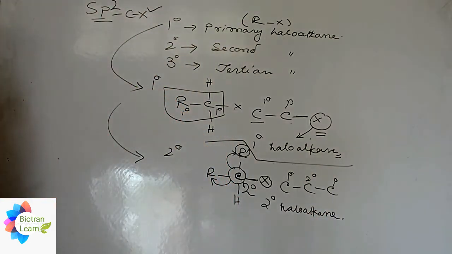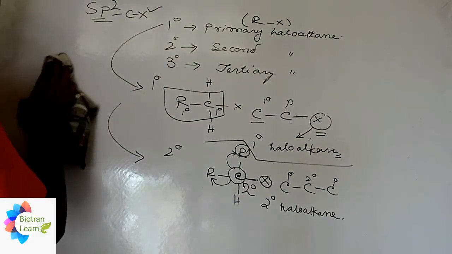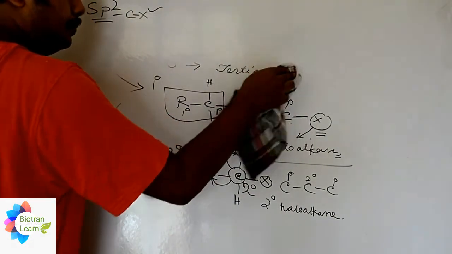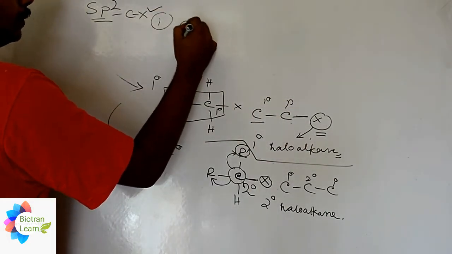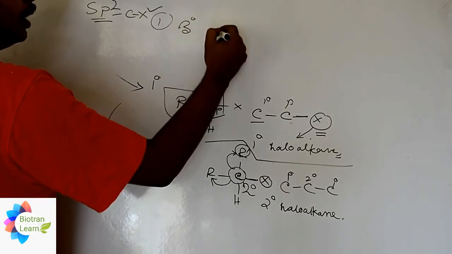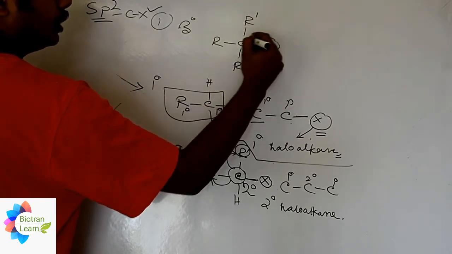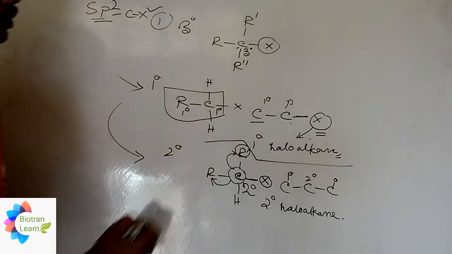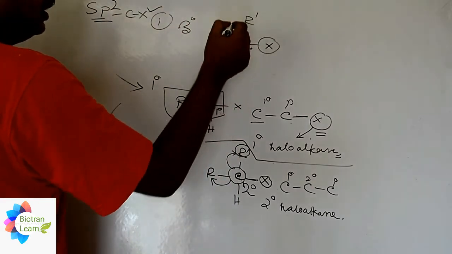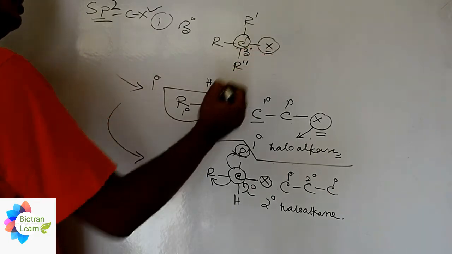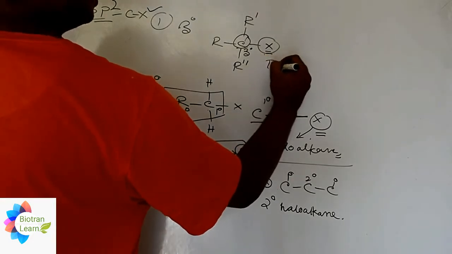right? And in case of tertiary haloalkane, what we can have is that a tertiary haloalkane or 3 degree haloalkane will have 3 R groups associated with this center carbon, and the halogen is associated with this carbon directly, so it will be known as a tertiary haloalkane compound.